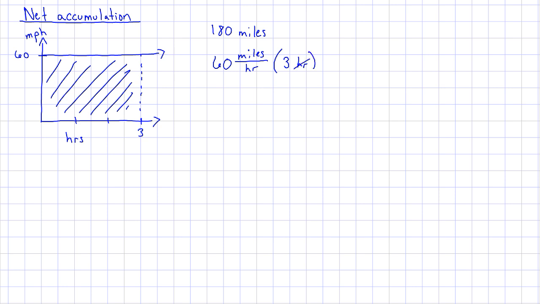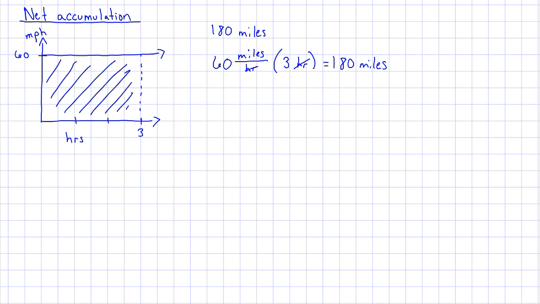And when I do that, I end up with my units being miles. So that's what we're looking at. Net accumulation is the area under your rate of change function. So you're being given a function that represents rate of change specifically, and then the area underneath that curve is in fact your net accumulation.